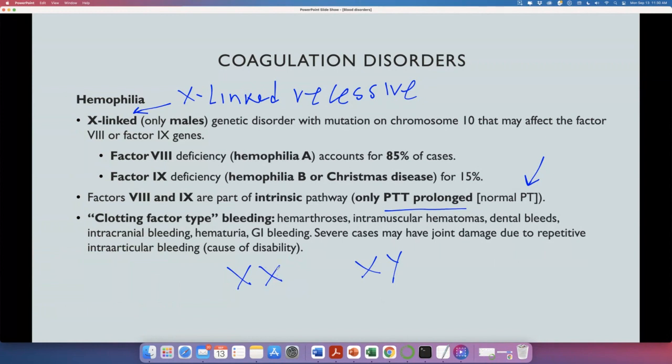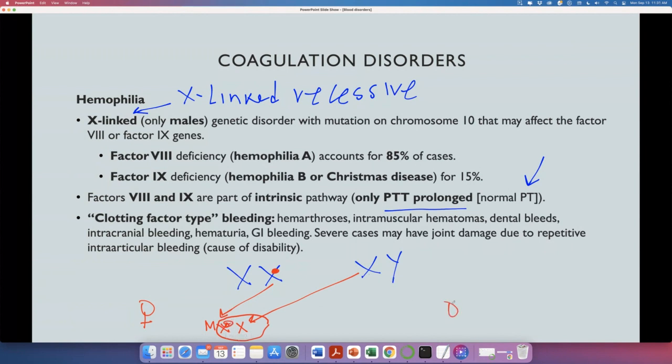Let's say this woman has a mutation in this X chromosome. Typically, if the woman is going to have a girl, imagine that this girl inherits the mutated X gene. The other X is going to be okay because it's the one that comes from the father. She has the mutation there.